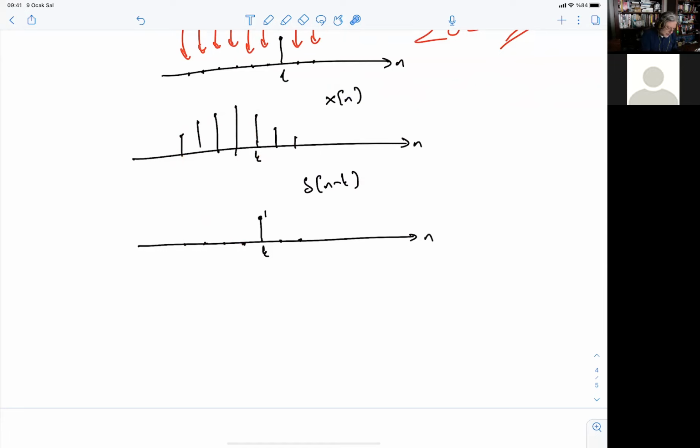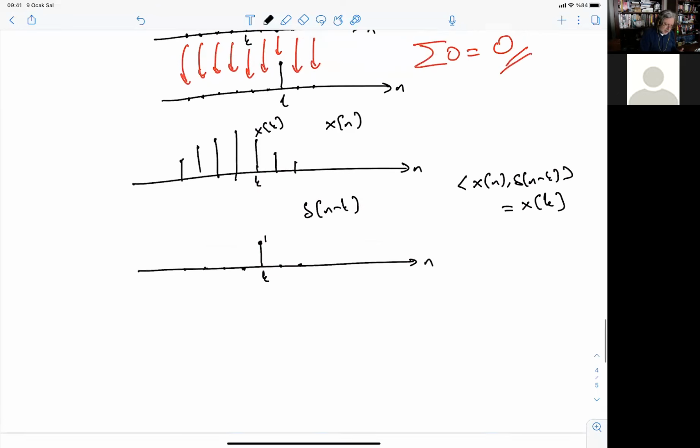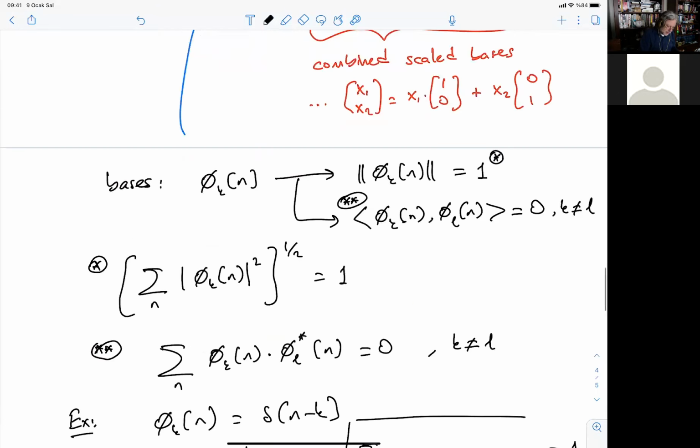And then this value, which is x[k], is multiplied by 1, and the others are also multiplied by zeros. When I sum them up, it is 0 plus 0 plus 0 plus 0 plus x[k] times 1 plus 0 plus 0 plus 0, etc. So the inner product of x[n] and delta[n minus k] will give me x[k], which is a confirmation of what we already have, right?